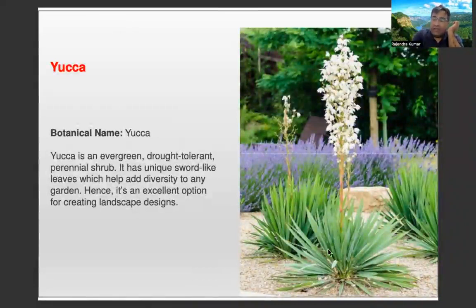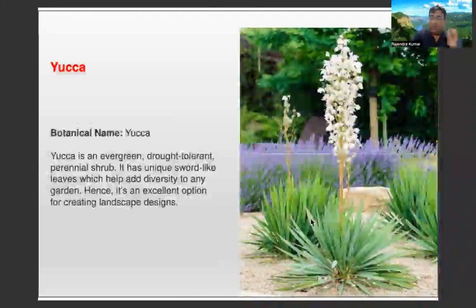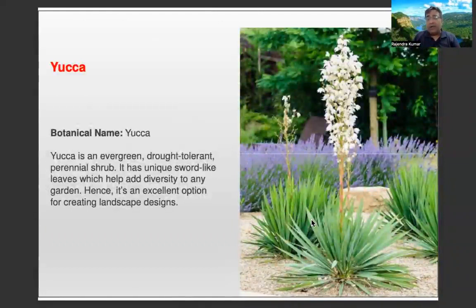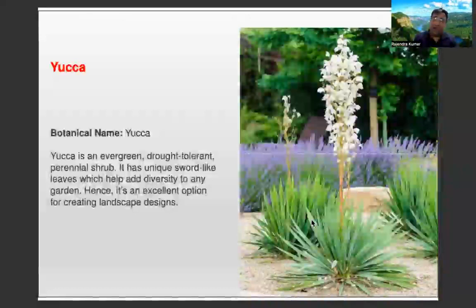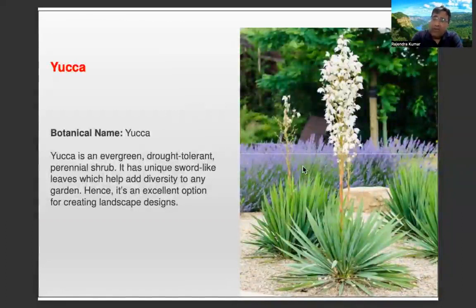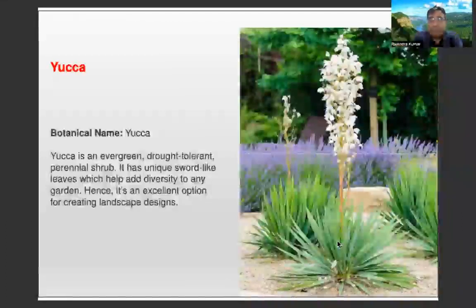These very sharp-edged leaves give a very different character to the landscape and to the green part of the soft landscape. So it's an excellent option for creating a landscape design, making a combination of flowery and non-flowery green plantations.